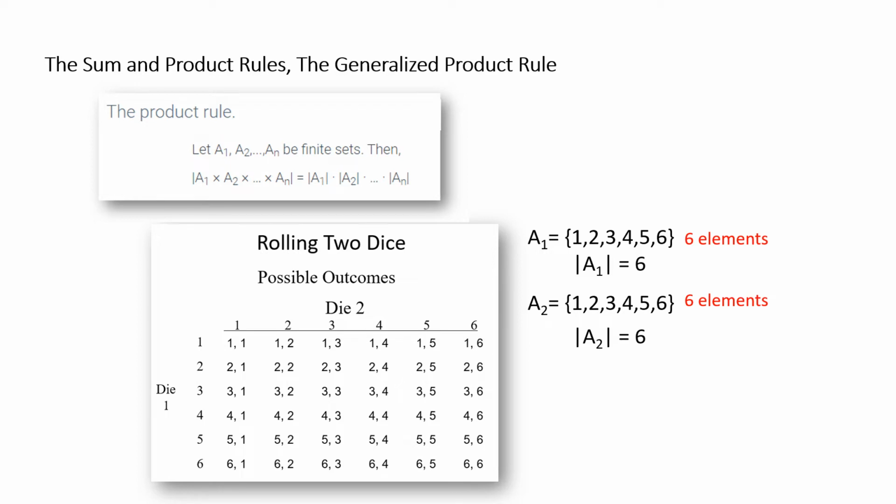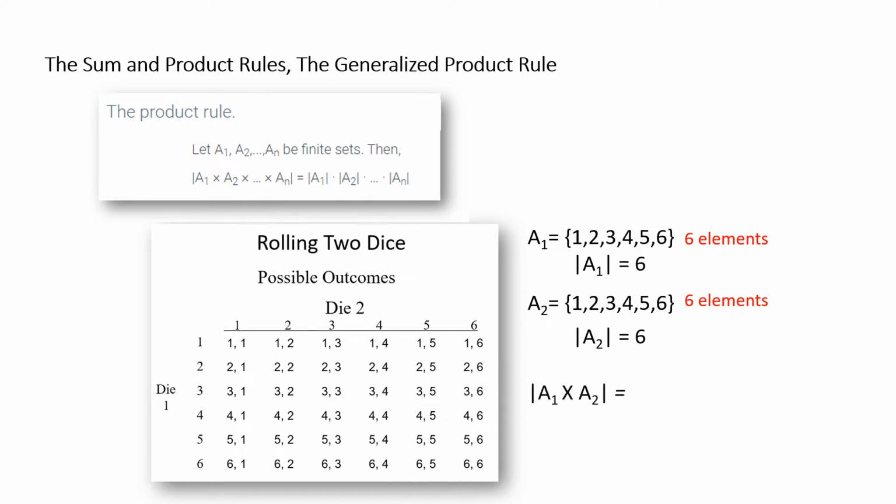Now, let's use the product rule. The product rule says that the number of elements in the cross product of these 2 sets should equal the product of the magnitudes of the 2 sets.